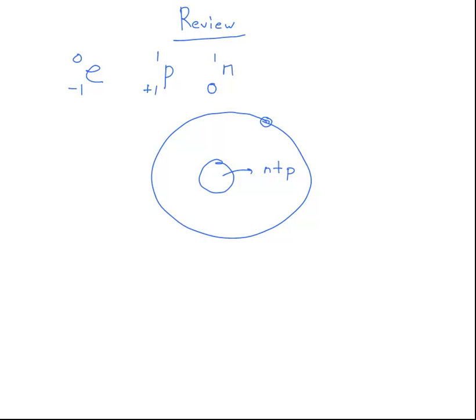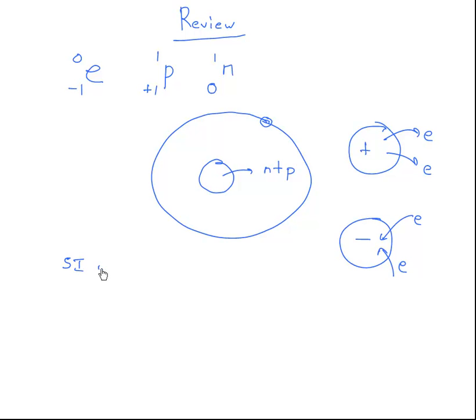A body will become positively charged when it loses electrons, and it will become negatively charged when it gains electrons. That is, both positive and negative charges are caused by the motion of electrons.